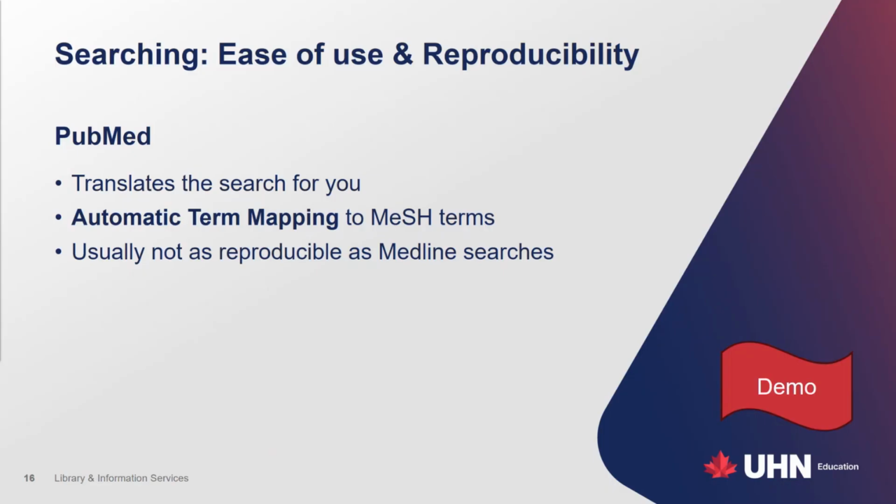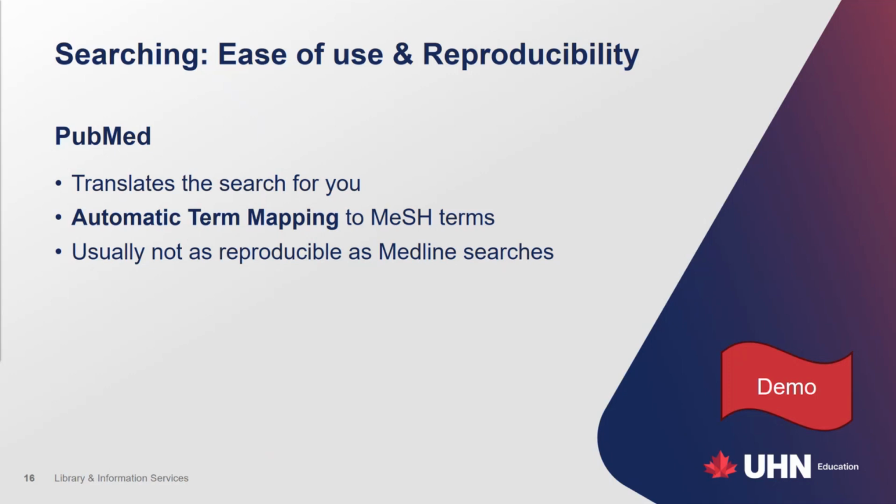It has an algorithm that works in the background and tries to interpret what you searched and map it to an appropriate MeSH term. So when you do a really basic search of just one search term, it will automatically add the MeSH for you and also search some of the word variations for text words, for example, singular and plural forms.